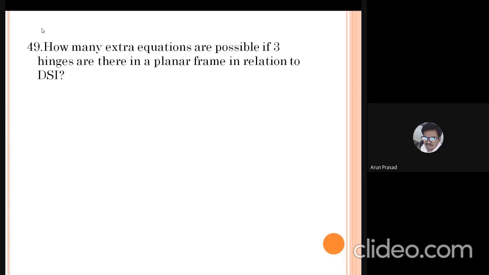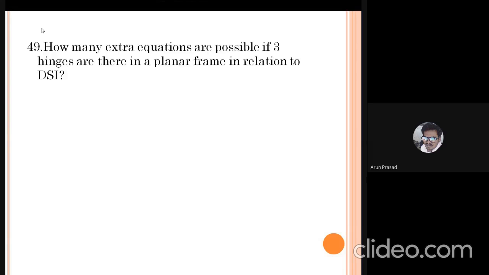So next, how many extra equations are possible if 3 hinges are there in a plane frame in relation to DSI? Again I'll read it.